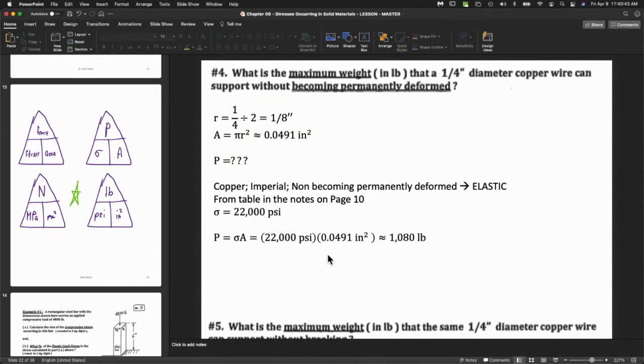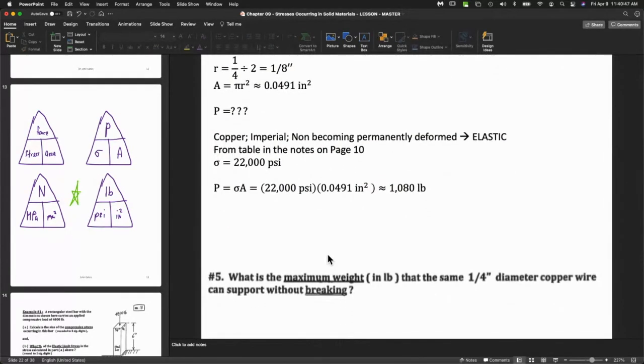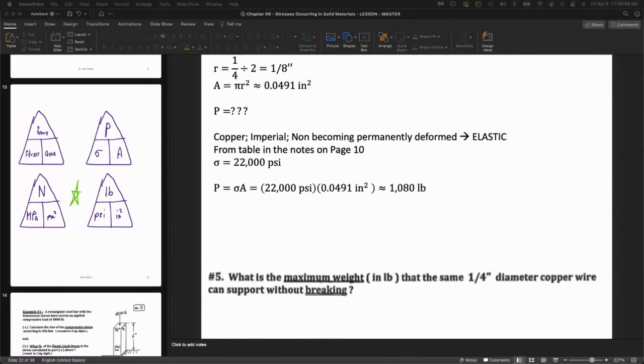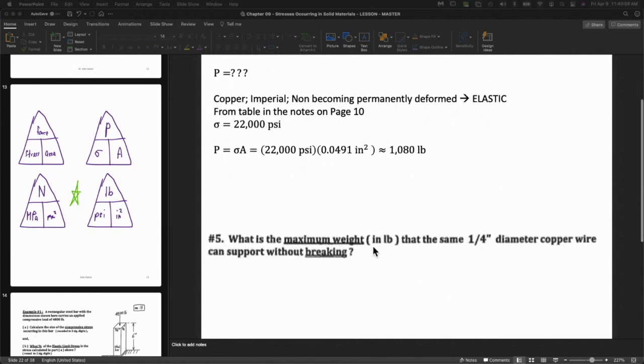I think that question went by fairly quickly, but if you don't mind, I'm gonna do one more question because it's basically the same thing, but this time it's breaking. It's the same thing, but breaking.